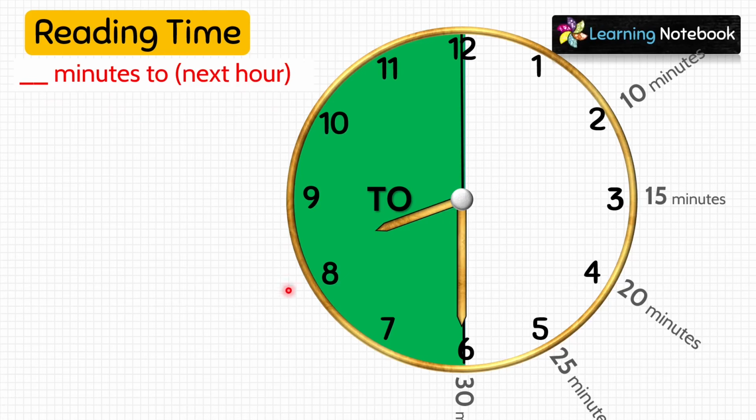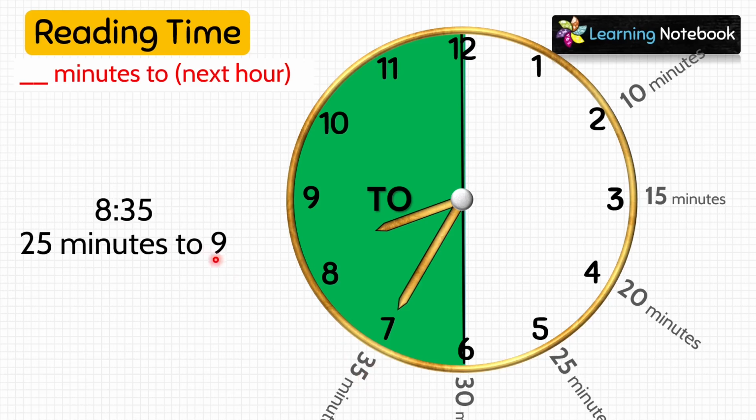So when the minute hand moves to 7, 35 minutes have passed. So we will say time is 8:35. But now since the minute hand is on the left side, we will read the time as dash minutes to next hour. 35 minutes have passed.